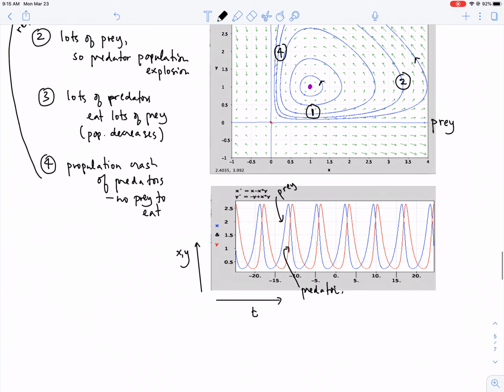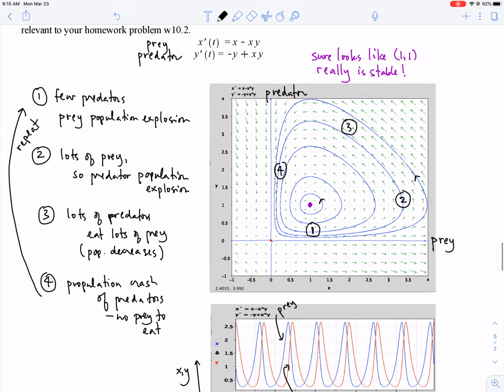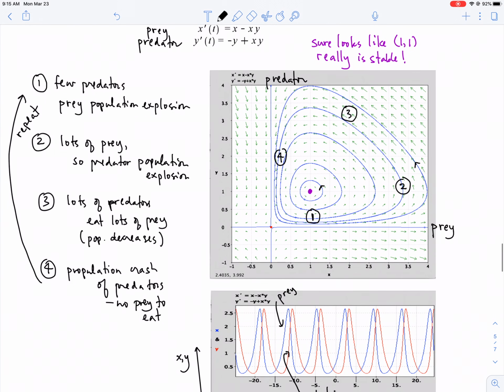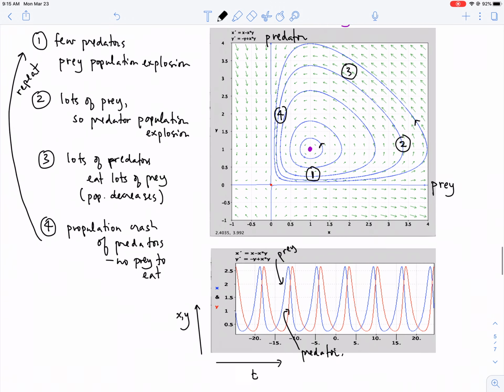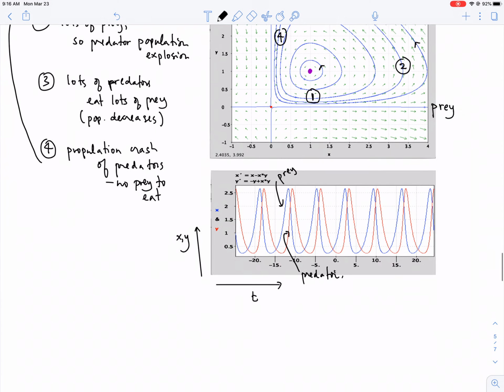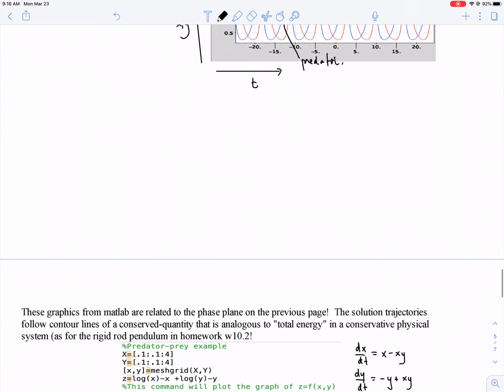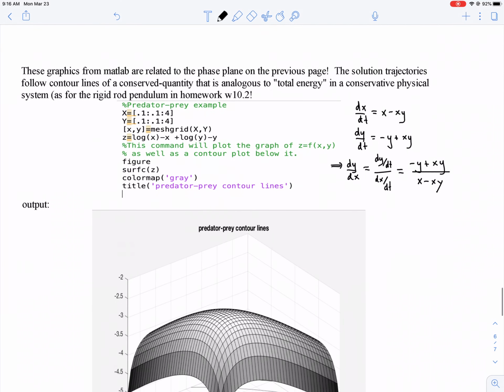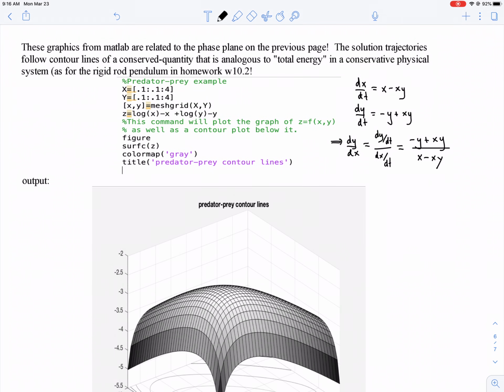Now let's go back and think about an analytic proof that 1,1 really is a stable equilibrium. Something better than just looking at a picture. All right, and this is where our warm-up exercise comes in.